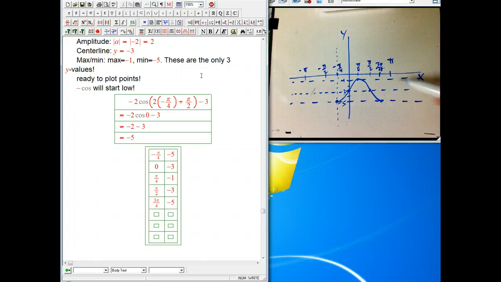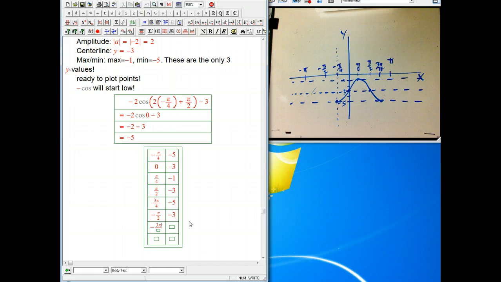Now I could continue over here if I wanted to, but let's just, for fun, step backwards. Okay, and so if we step backwards from minus pi over 4, we get minus pi over 2 back to the middle, because it was starting at an extreme. Cosine starting at the low side here for minus cosine.